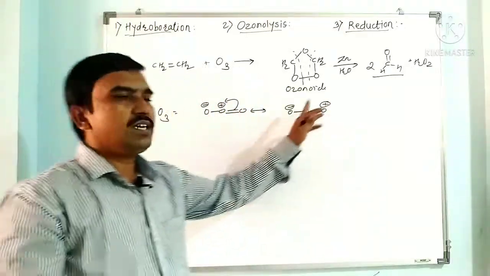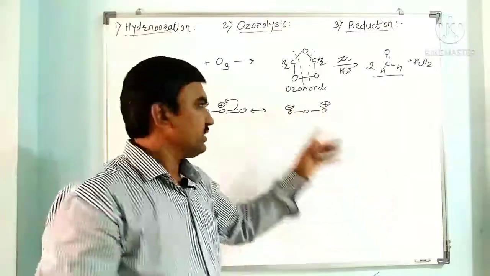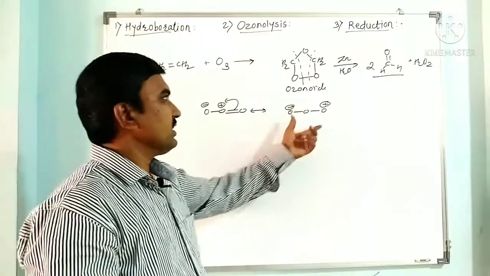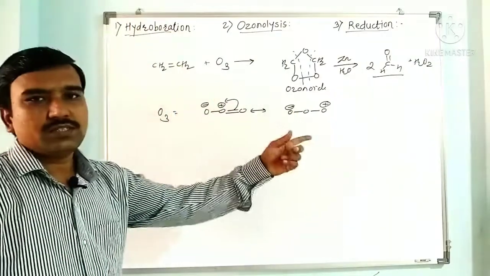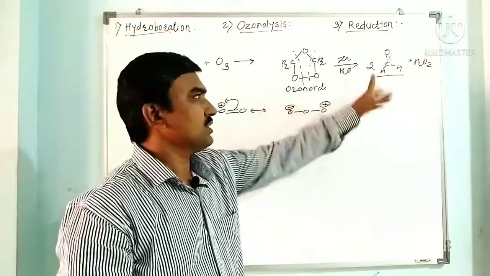So this is actually a 1,3-dipolar species: 1, 2, 3. So the 2 poles, negative and positive, are separated by 1,3 positions. When it reacts with an alkene, it first gives a 5-member ring system, which is converted to this ozonoid. The ozonoid is converted to carbonyl compounds.